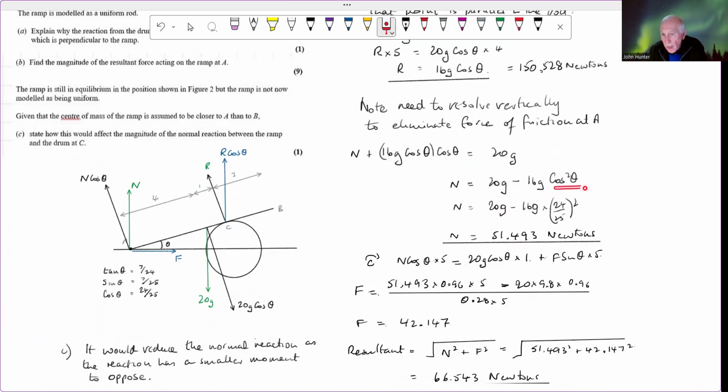We've got cos squared there, so it's unusual for these kind of things. That works out basically as N is 51.493 newtons.